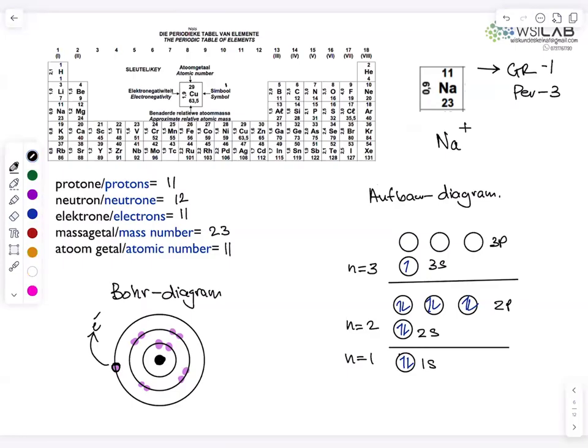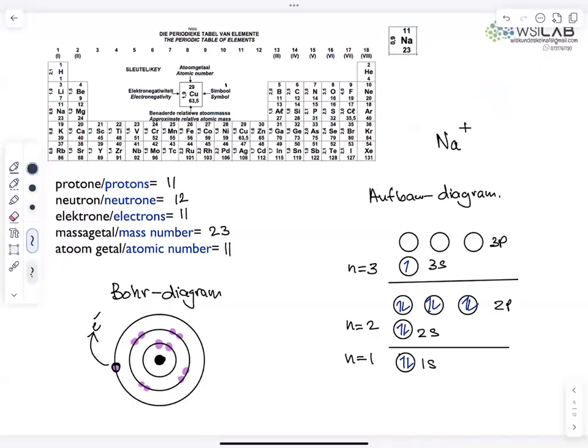Now, can you explain to me why it's now suddenly +1? Because there's an equal number of protons and neutrons? Nope. The number of neutrons doesn't affect the charge because a neutron doesn't have a charge. We've just lost an electron.